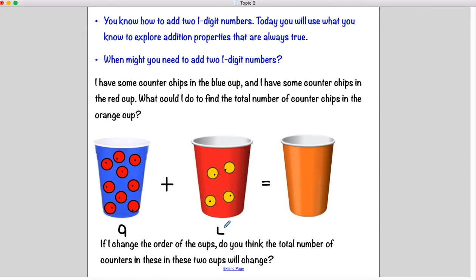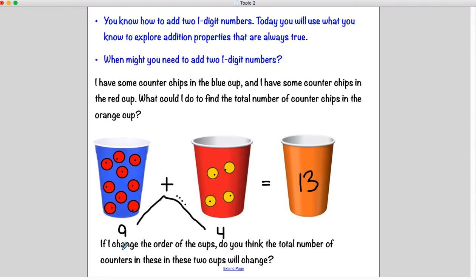So 9 plus 4. I like to add these two numbers together. And one strategy I like to do is start with the bigger number. 9, 10, 11, 12, 13. So I have a total of 13. So there should be 13 in my cup.